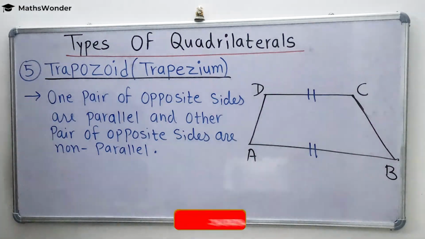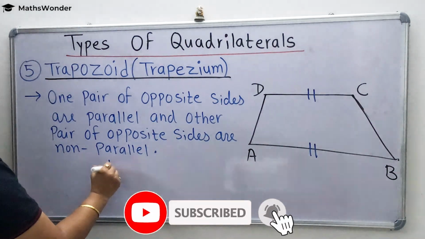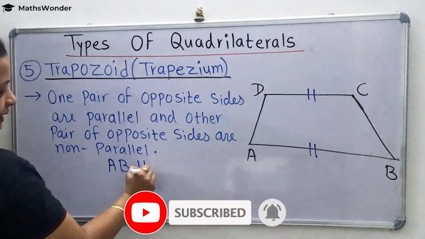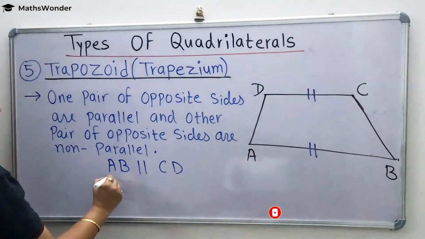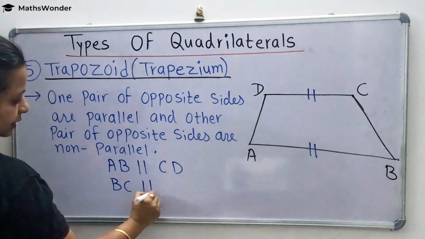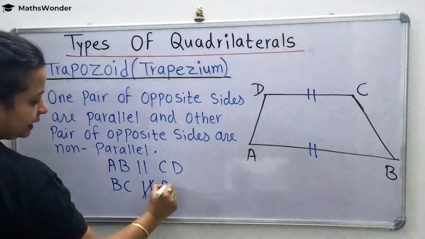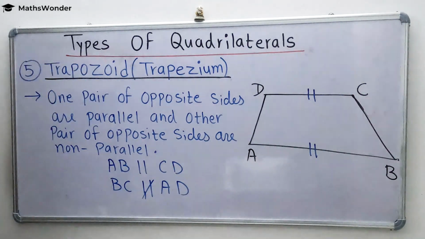How will you denote the parallel and non-parallel? So AB is parallel to CD, but BC is not parallel to AD. You can denote like this. Okay, this is the first property.